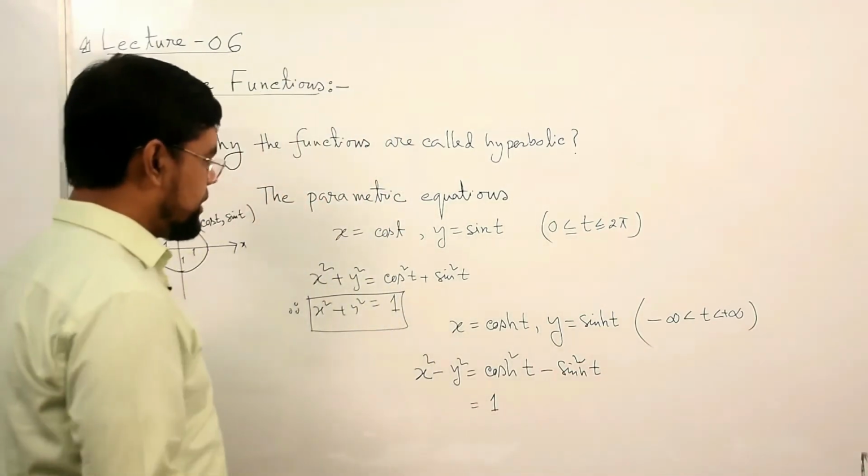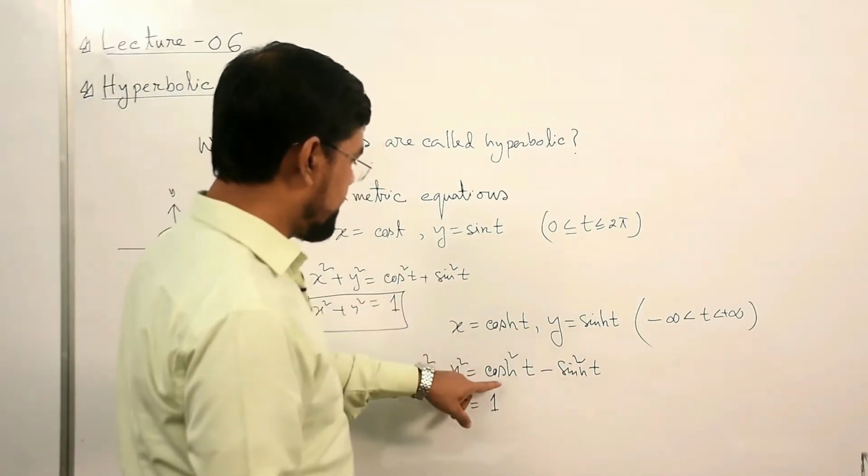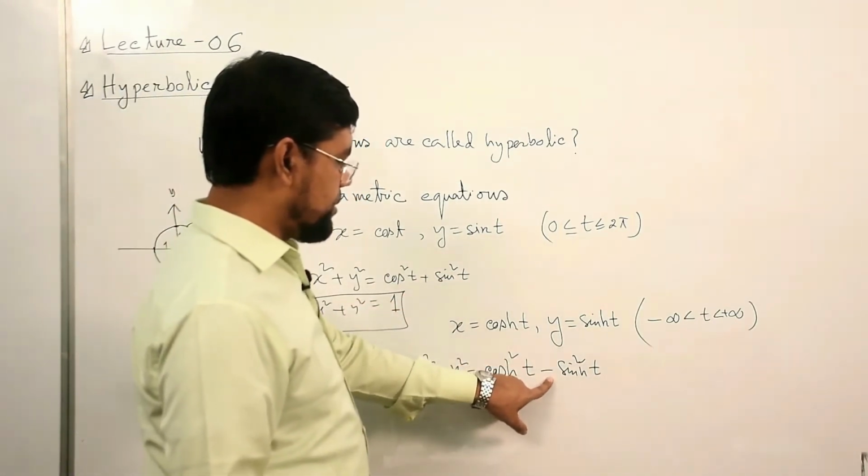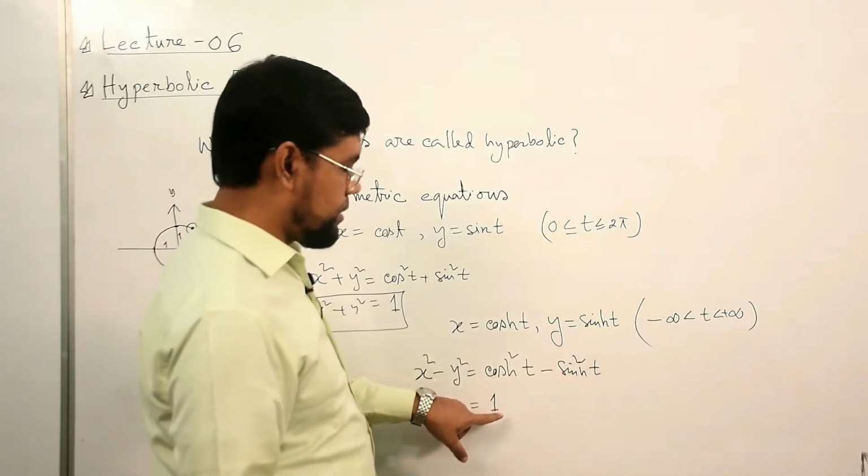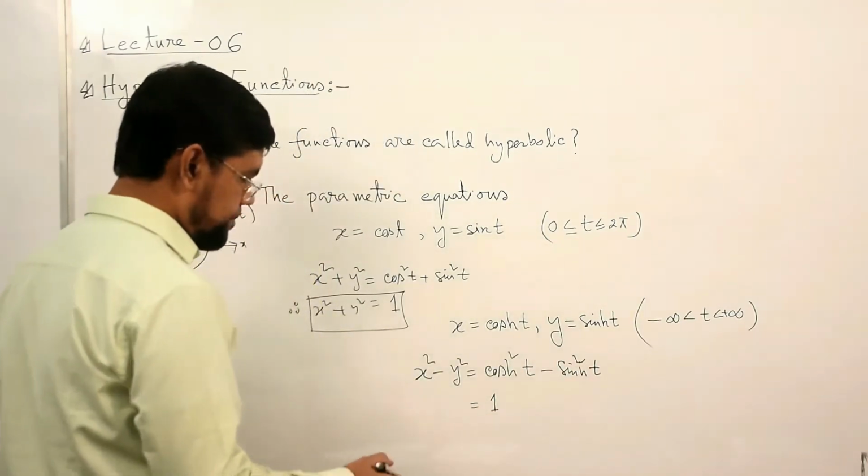And we will see later that cos hyperbolic square t minus sin hyperbolic square t equal 1. We will prove it later.